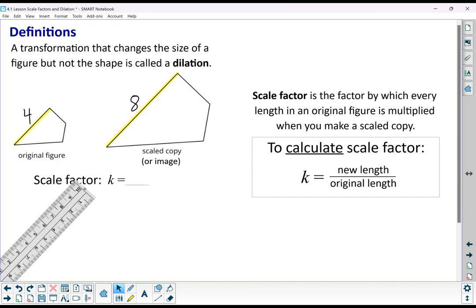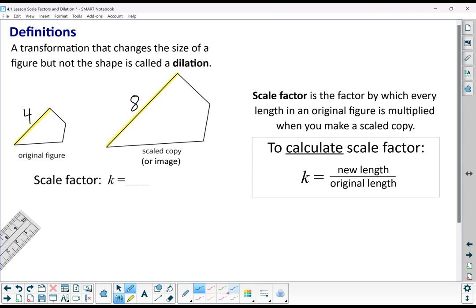So scale factor is the factor by which every length in the original figure is multiplied when you make a scaled copy. So the original had a length of 4 and the scaled copy had a length of 8, I just doubled the side length, or in other words, I times it by 2. So for this dilation, the scale factor is 2.